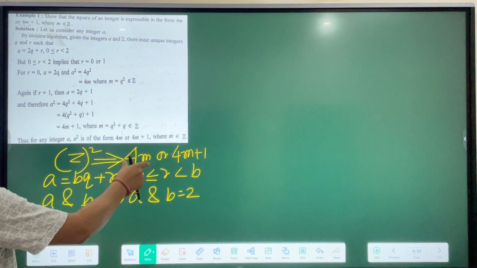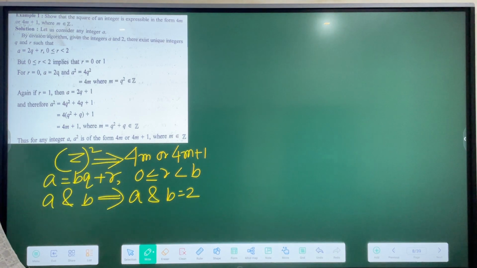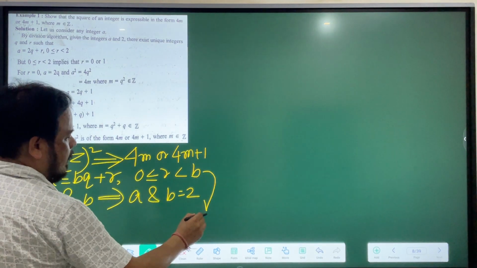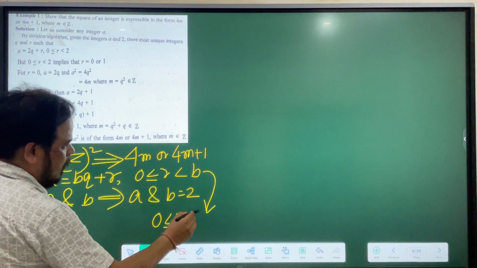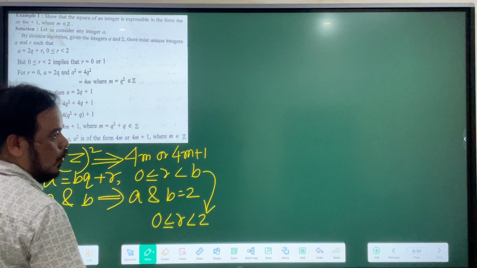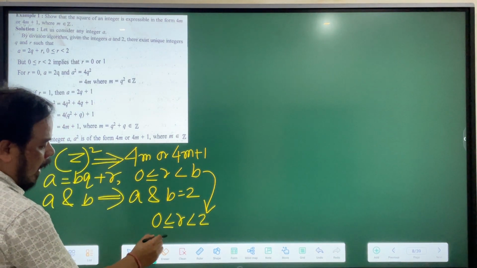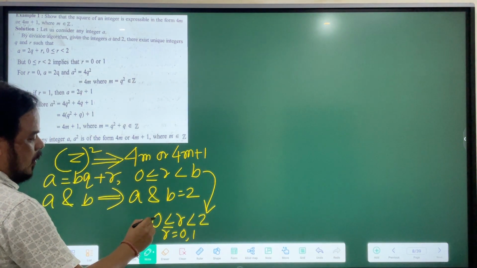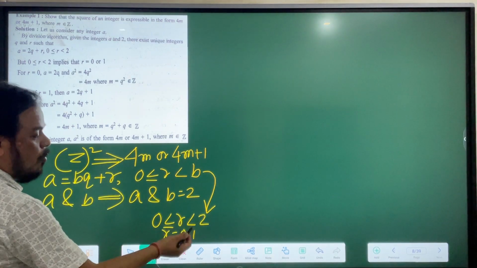We will make it 4m, but we will understand while doing the sum. So if B is equal to 2, then R is greater than or equal to 0 and R is smaller than 2. So R is equal to 0, 1.